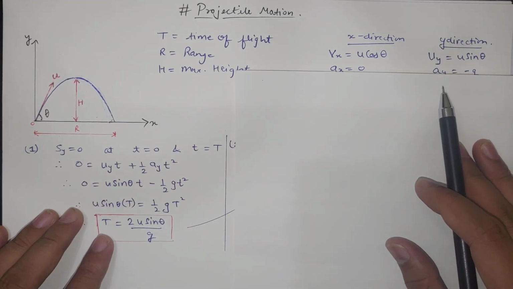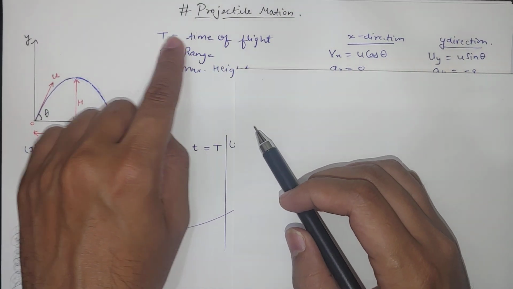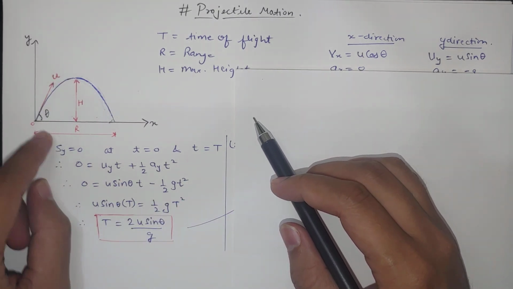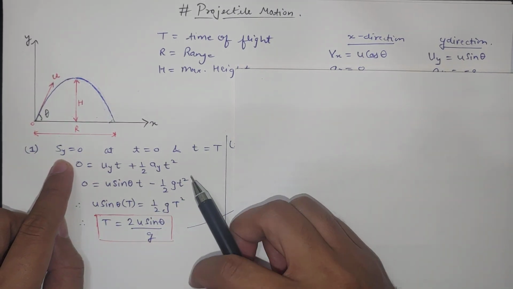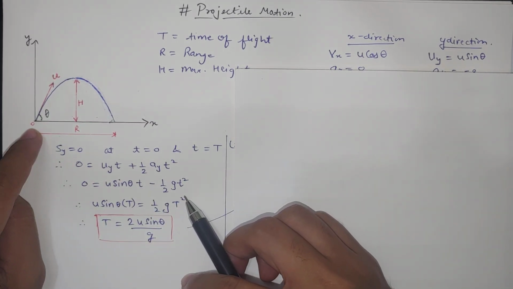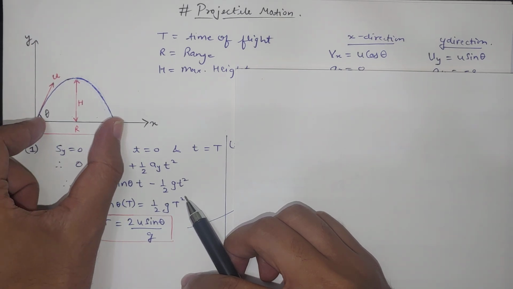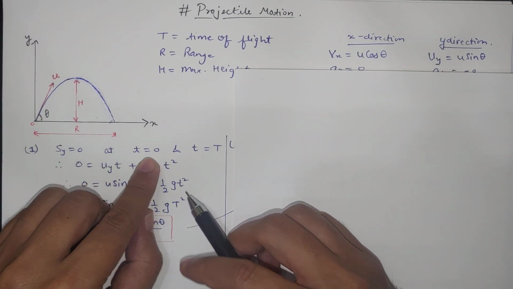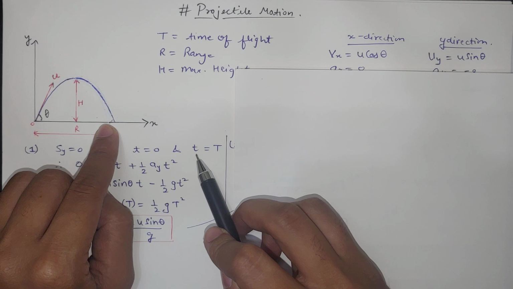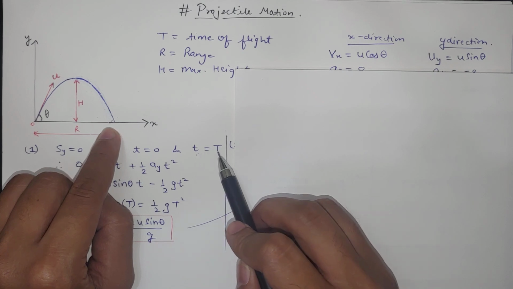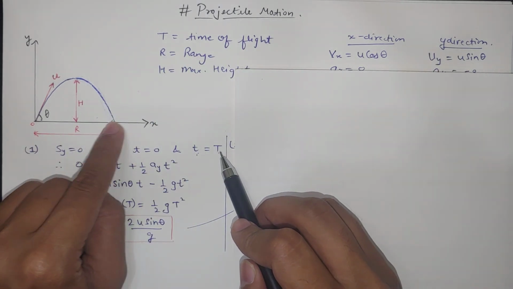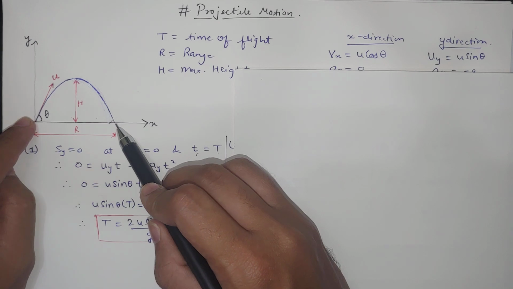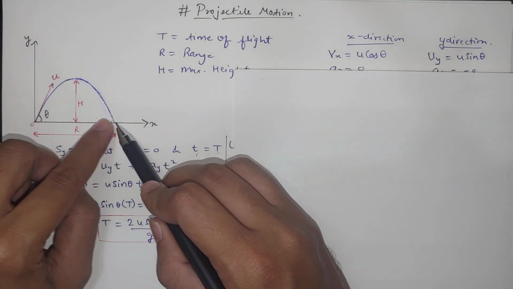Now if we want to find the time of flight t in terms of u and theta, we know the y displacement is 0 at two points: at time t equal to 0, and when the flight is finished, at time t equal to capital T, the time of flight. At both points there is no displacement in the y direction because it comes back to the same horizontal level.